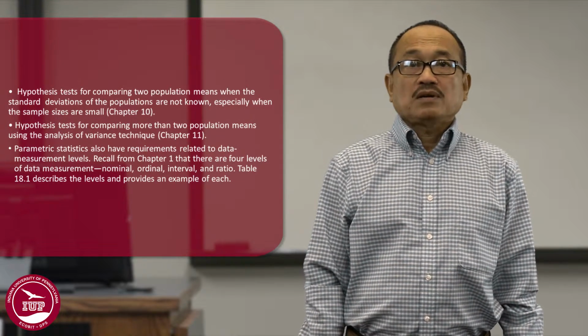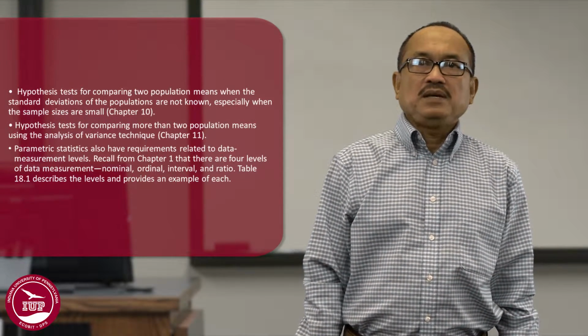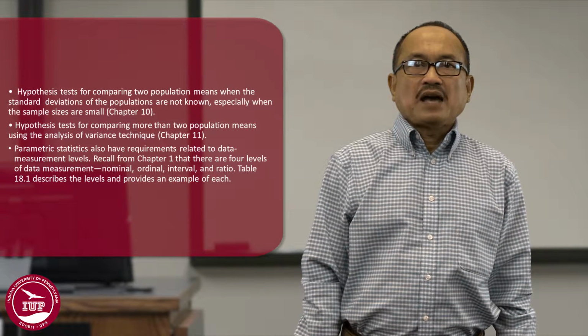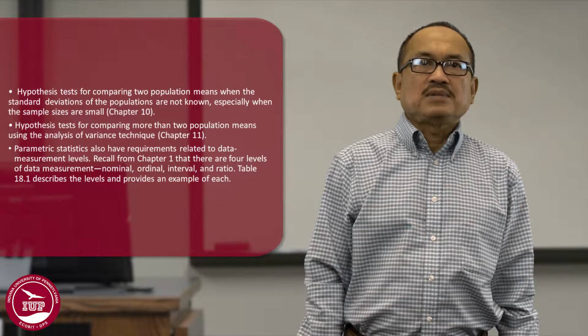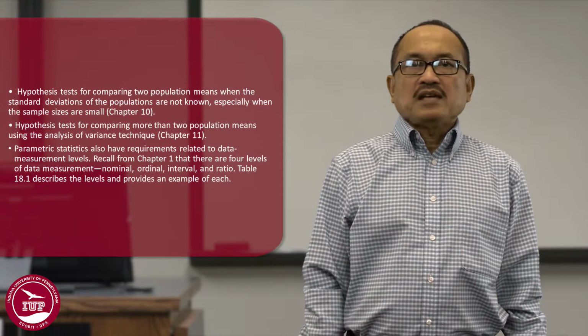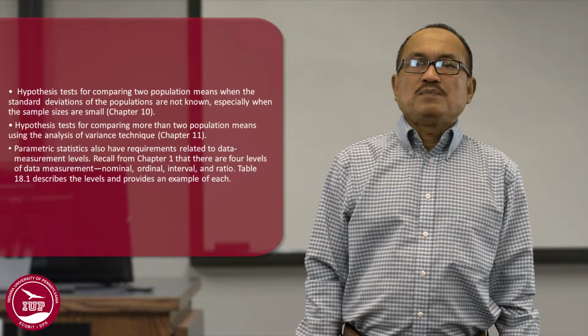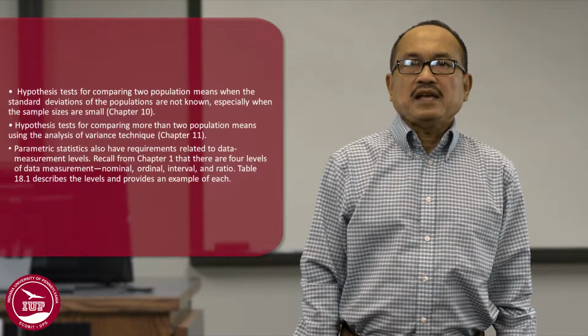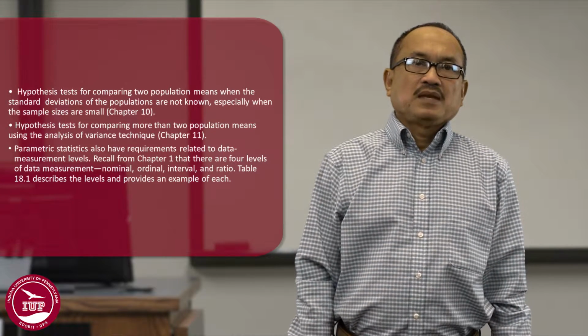Hypothesis test for comparing two population means when the standard deviations of the populations are not known, especially when the sample sizes are small, Chapter 10. Hypothesis test for comparing more than two population means using the analysis of variance technique, Chapter 11.